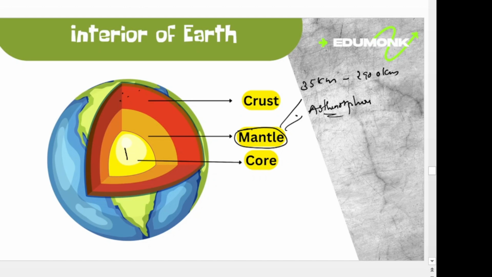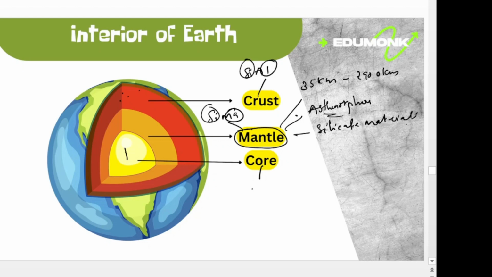Also, the mantle is mainly composed of silicate materials. In the crust we have seen silica and aluminum, called Sial. In the mantle we can see Sima, silica and magnesium.